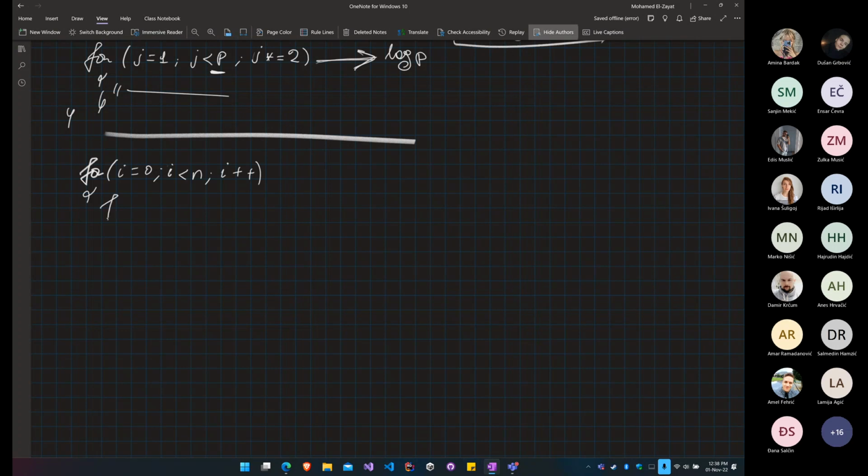And then we have another for loop, which is going to be j equals 1, j less than n, j times equals 2. And then your code goes here. End of the story. Can somebody tell me what the time complexity for this one is?